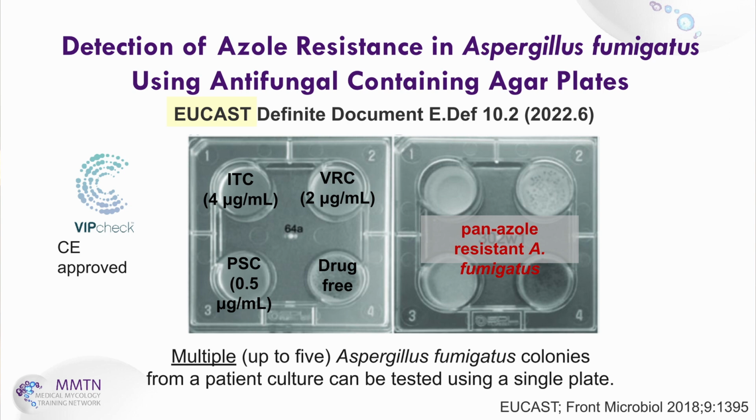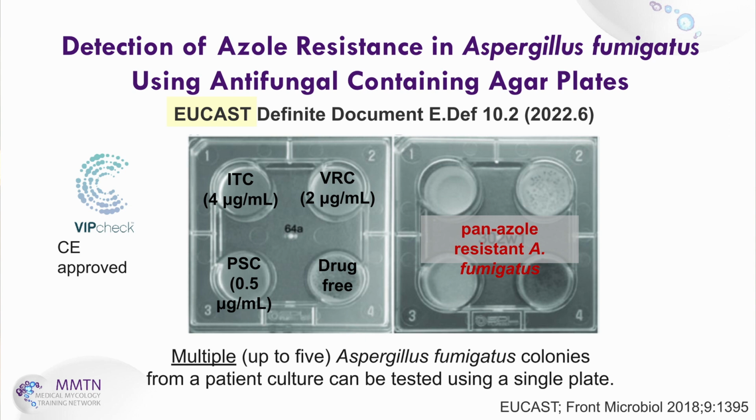For the azole-agar screening test, EUCAST proposed the protocol last year. This test consists of a 4-well plate which contains agar supplemented with itraconazole, voriconazole, posaconazole, and a drug-free control well.